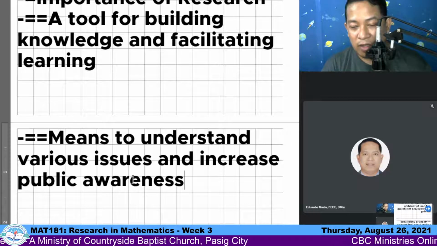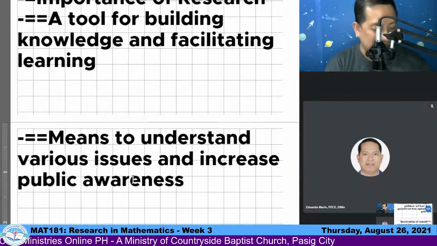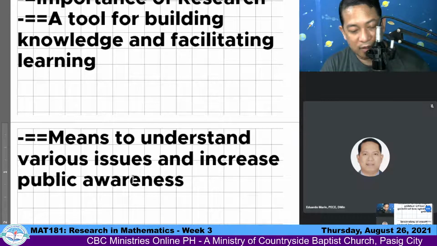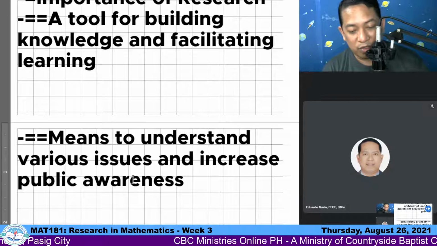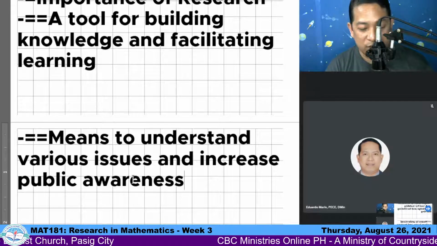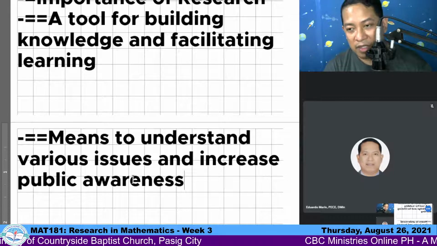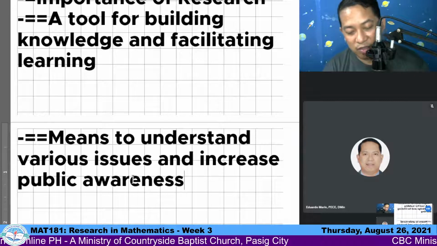According to experts, the best vaccine is the available vaccine in your locality. So it could be used also as a means to understand various issues through research, that we may have this research-oriented mindset or thinking as far as issues are concerned.